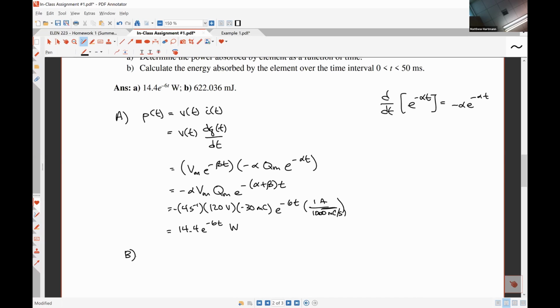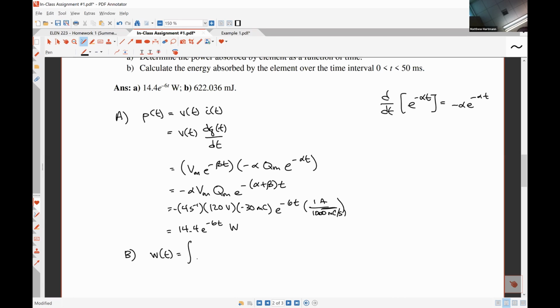How are we going to find the energy? Any ideas? Well, energy can be found by taking the integral from 2 time points of the power, right? Right, absolutely right. So we got our expression for the power, so now we just simply integrate that.